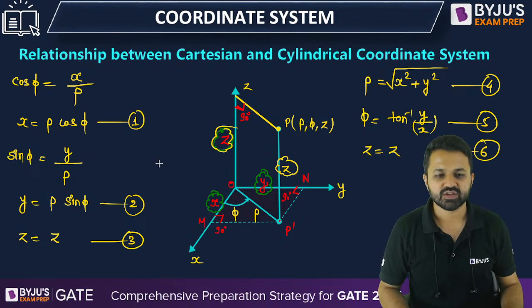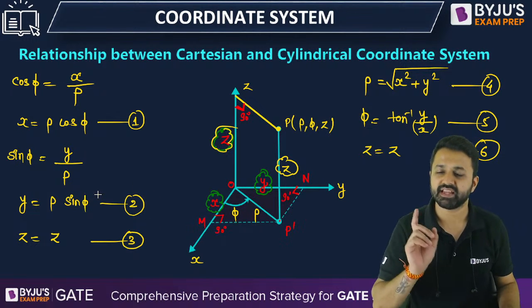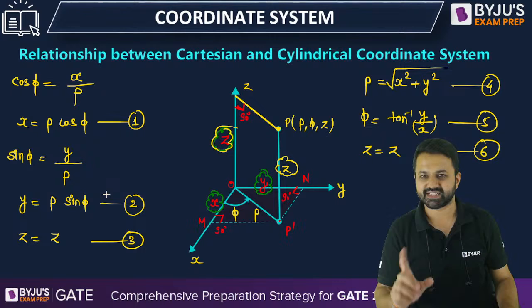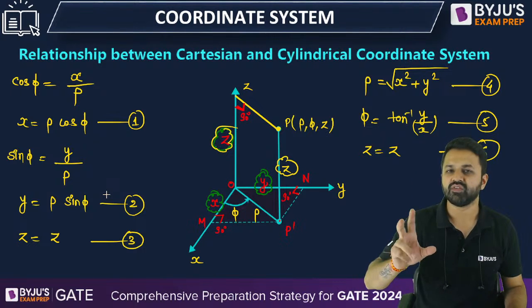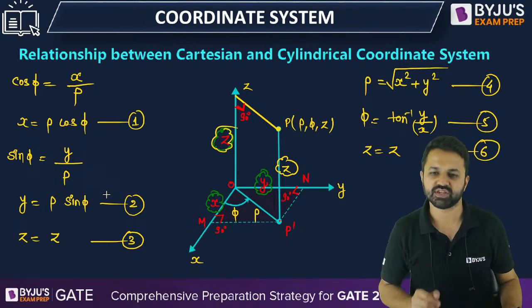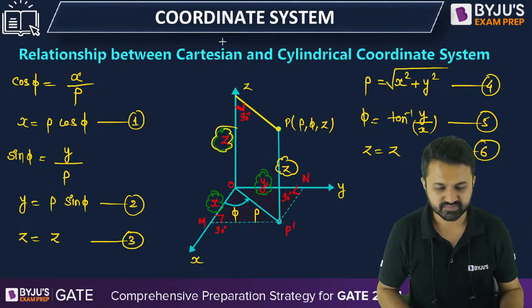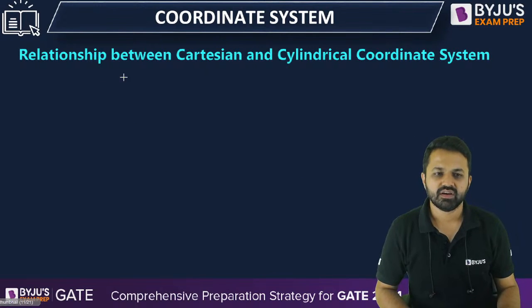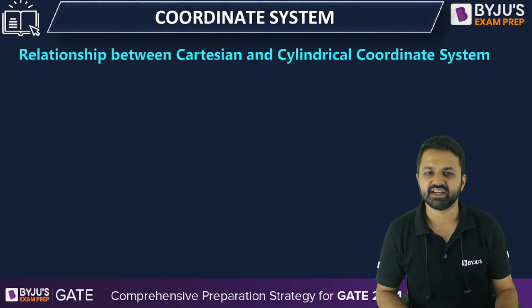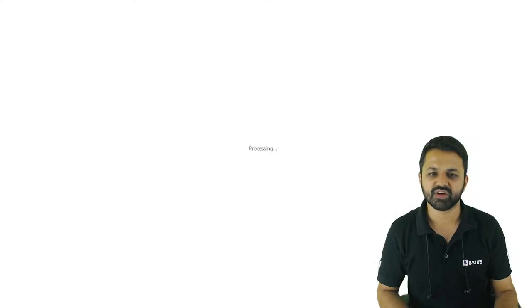Is it clear? So these 6 equations are clear, and that is important from your exam point of view. Whenever you need to convert, you have to use these equations. So this is the relation. The relationship between the Cartesian and the cylindrical coordinate system we have already written over here.